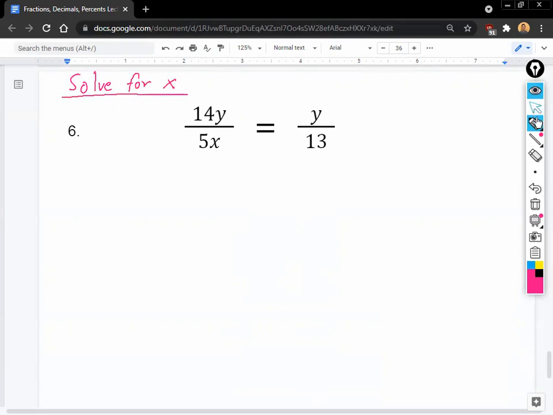Now I know this might seem a little weird because there's a y, but see if you can make sure that you just have x by itself on a fraction. Take a second to try that out. I'll give you about a minute.